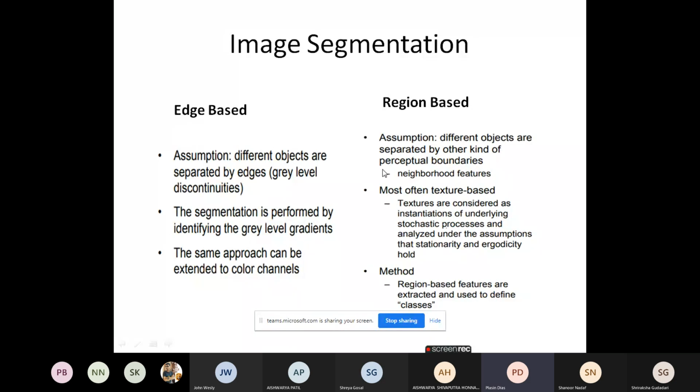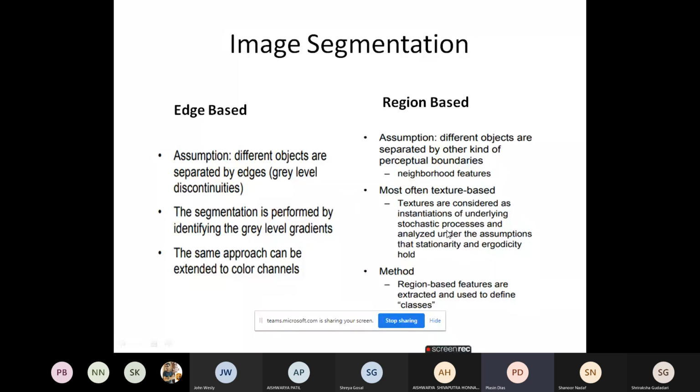As I have already listed, the different neighborhood features might be intensity, color, then we had seen variance, all that. But in most image analysis, we might consider texture based aspects, though we have not taken them up right now. We can take up texture analysis in images.